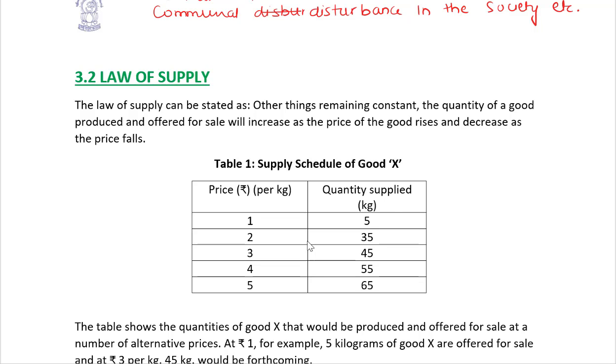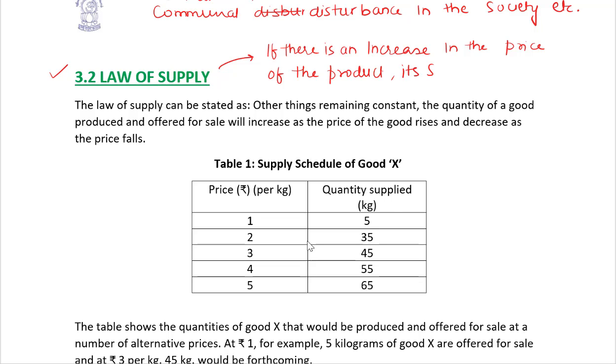Law of supply. So basically, as per the law of supply, if there is an increase in the price of a product, the supplier will increase the supply. If there is an increase in the price of the product, its supply will increase.